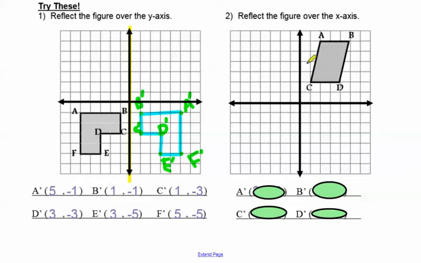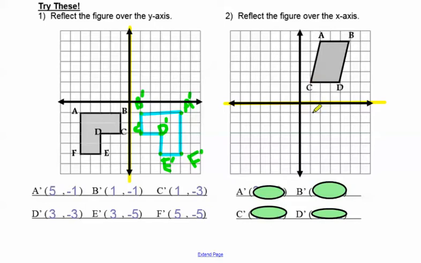All right, this time we're going to reflect over the x-axis. So again, I kind of highlight my x-axis. And now, again, we're going to have our other figure on the other side of x. Looking at C, C is 2 units away from x.